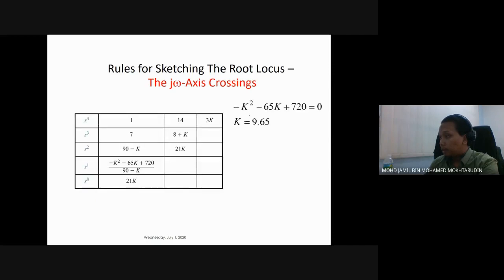From here, you equate this to 0, and then you will get k equals 9.65. Here there is another value of k.